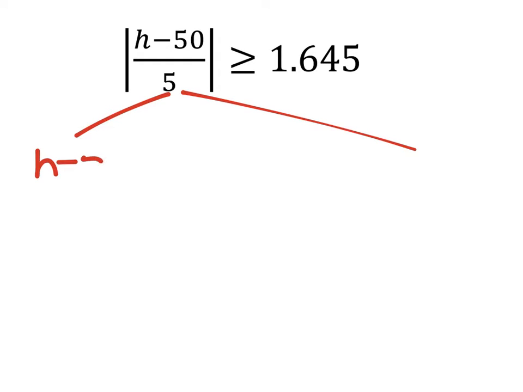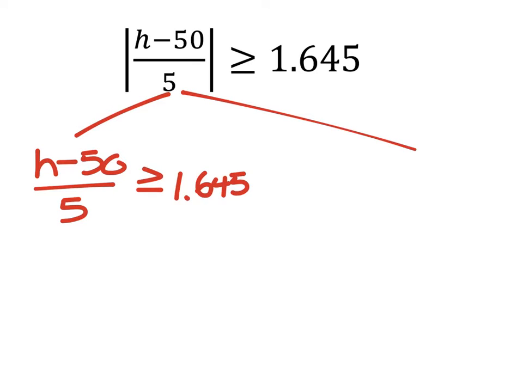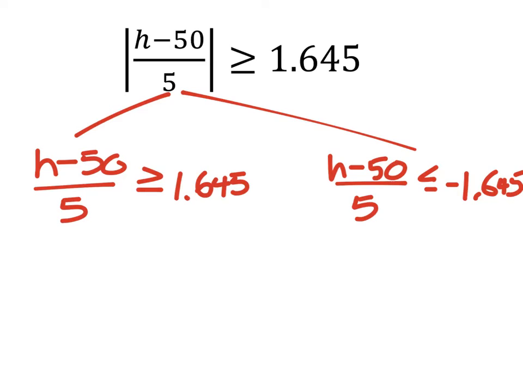I have (h minus 50) over 5, and again, I start with the positive, so it is greater than or equal to 1.645. And then on the other hand, we have (h minus 50) over 5, but this time we flip the inequality and compare it to its negative, negative 1.645. I struggled for space at the end there.